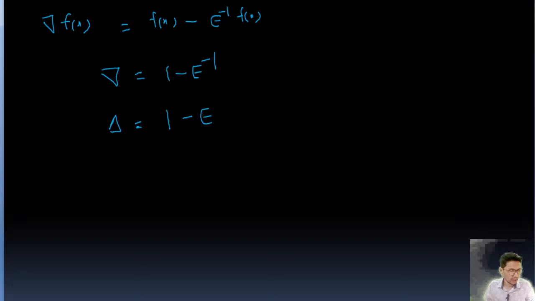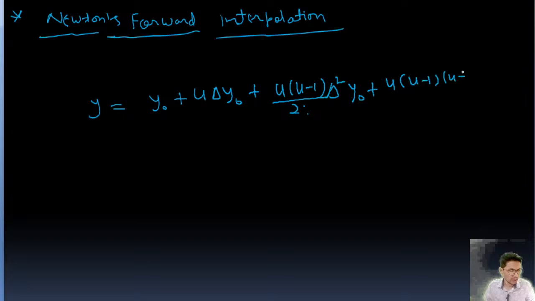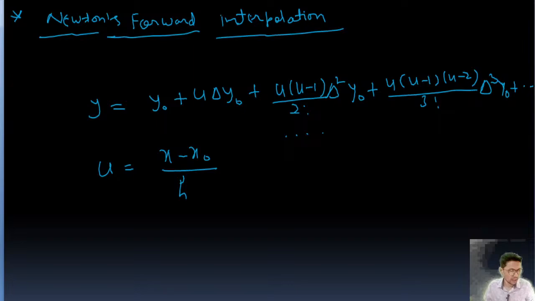So this is Newton's forward interpolation: y naught plus u delta y naught plus u into u minus 1 upon 2 factorial delta square y naught, and plus u into u minus 1 into u minus 2 upon 3 factorial delta cube y naught. Then we explain Newton's forward interpolation method.